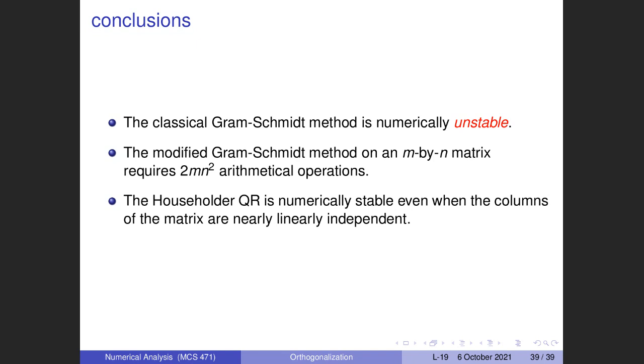The Householder QR uses reflector properties, and this should be applied when the matrix is nearly singular. This is always numerically stable because we multiply with orthogonal matrices, these Householder reflectors.